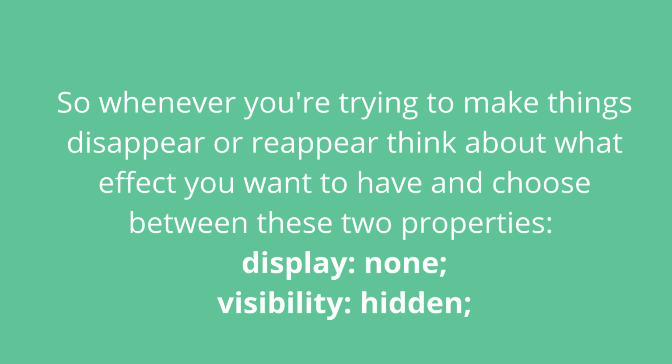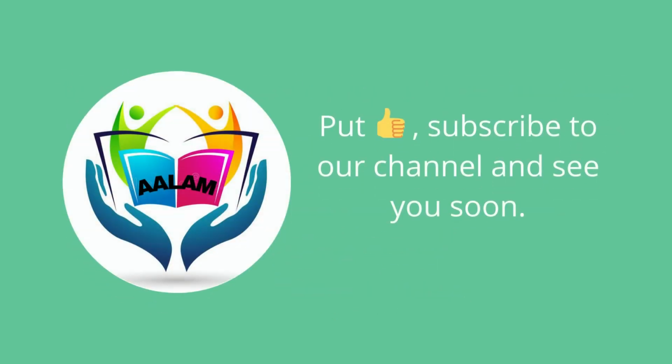But even before CSS comes into play, you have to remember that there are already rules that govern how your HTML elements should be displayed on screen. So to learn about that and to learn more about CSS positioning, we will see you in the next lesson.